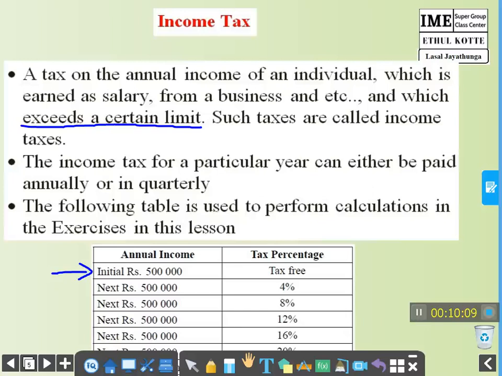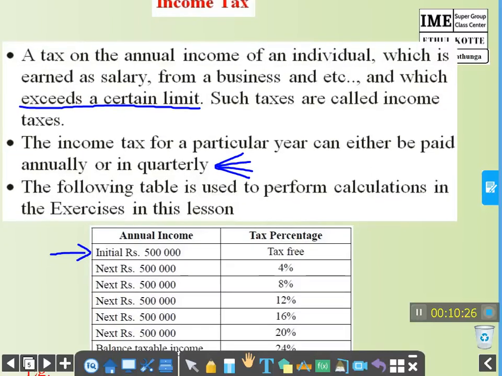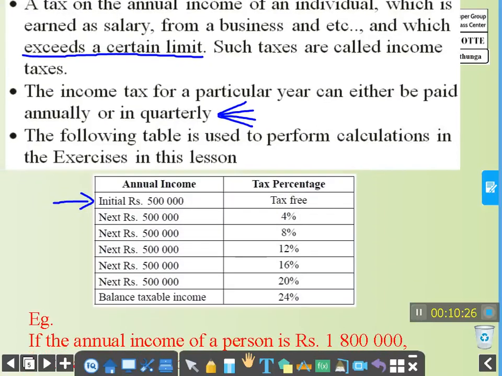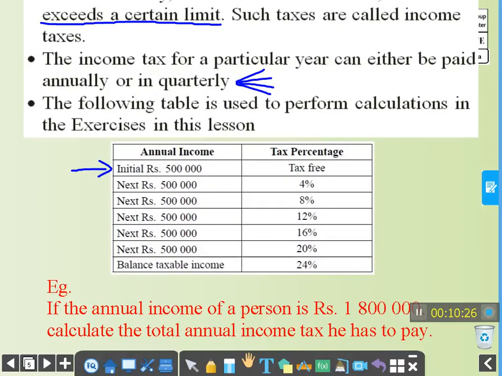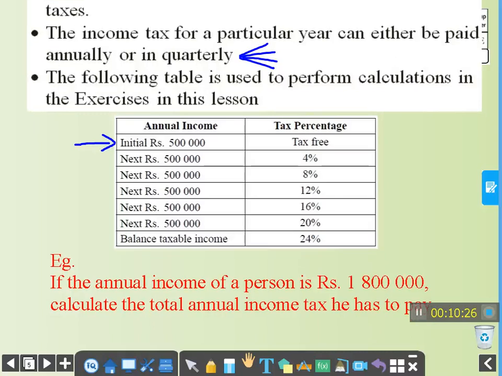The income tax for a particular year can be paid either annually or quarterly, same as rates. Quarterly means you can pay in 4 times: 1, 2, 3, 4. Look at this table given in your textbook.